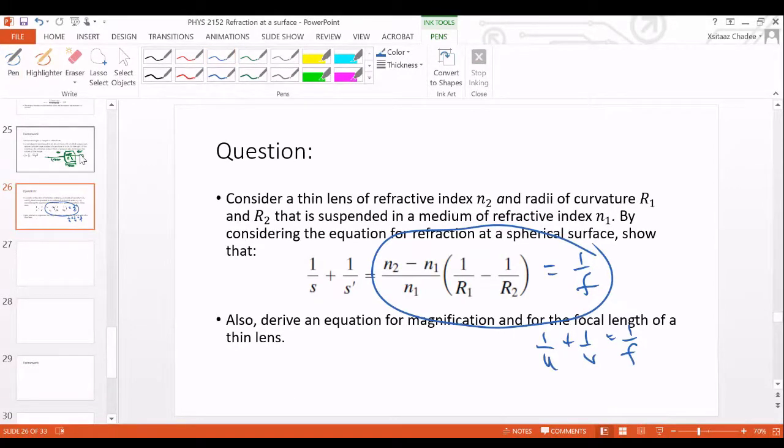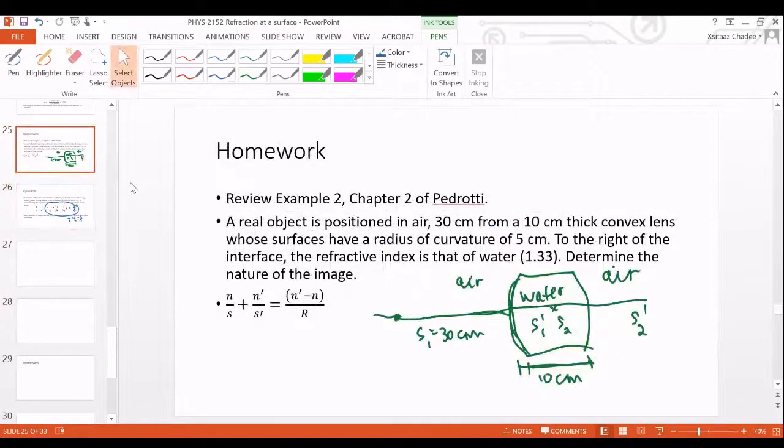It's there in the Pedrotti, and the solution is there too. I want you all to try this question first before you do the proof for the thin lens equation. While I will be putting up solutions for you to review, you do need to practice the method for approaching these questions.